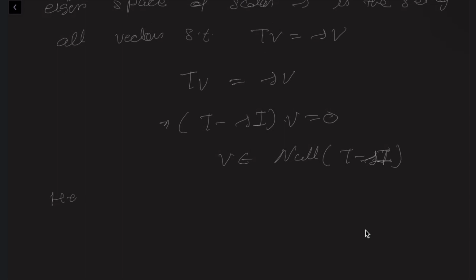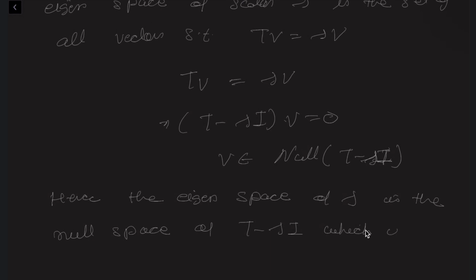Hence the eigenspace of lambda is the null space of T minus lambda I, which is a subspace of V. Now we know that the null space is a subspace of the vector space V, and since the eigenspace is nothing but the null space of the operator T minus lambda I, it is also a subspace of the vector space V, and that is why we call it an eigenspace.